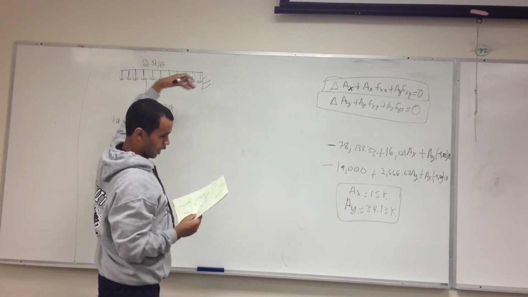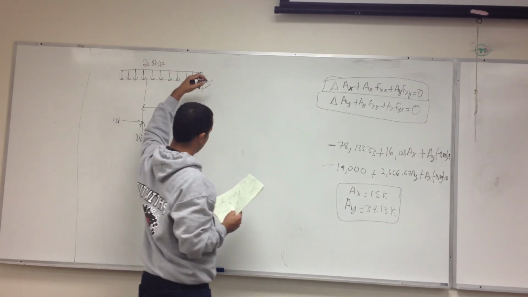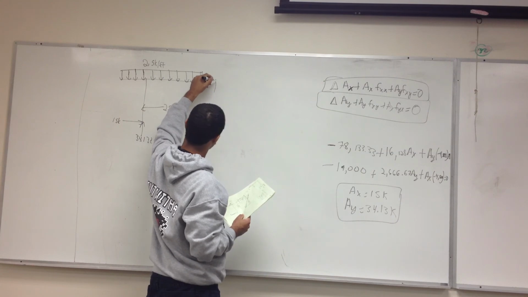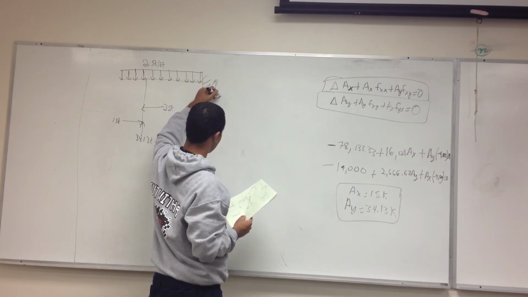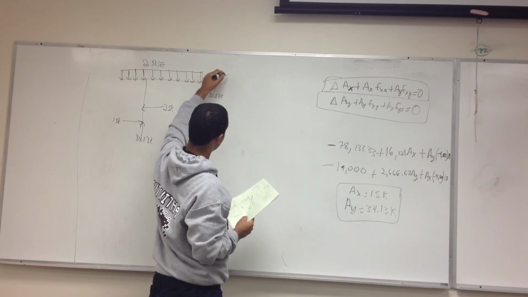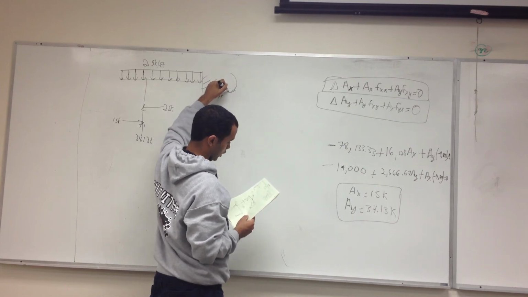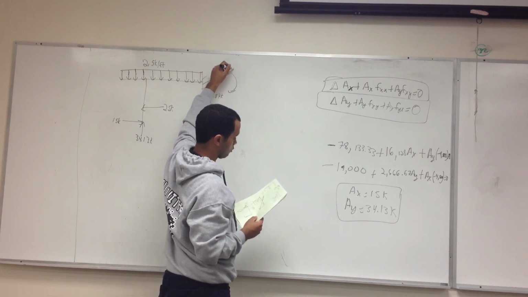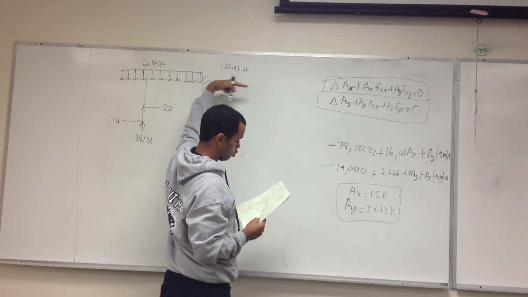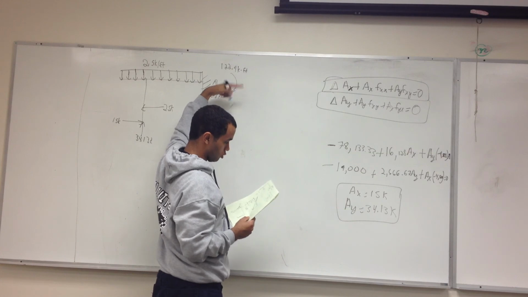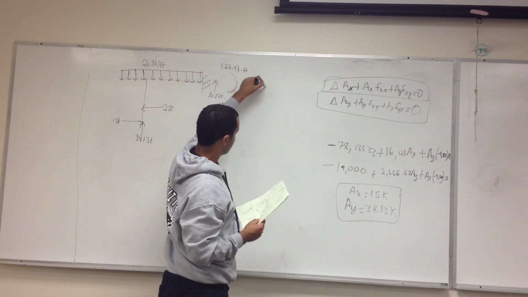So now we can get our fixed reactions, which are for the vertical, 30.87K. For the moment, we have negative 122.4 K-ft. And for our normal, or the horizontal, we have 10K.